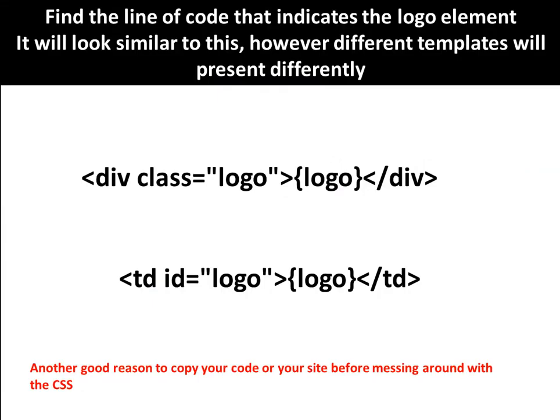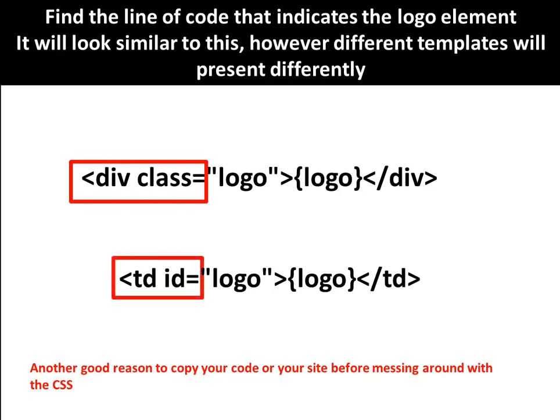Every one of them. You'll look for the coding inside of the headers that will indicate you are at the logo section. The tag might start out as div class, or it might start out as table data ID, but it will say logo, usually inside quotation marks, then the greater than sign, and it will end the tag there.